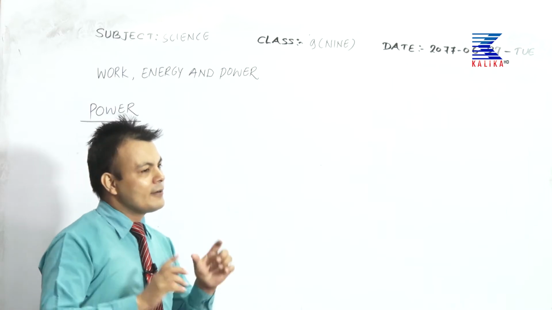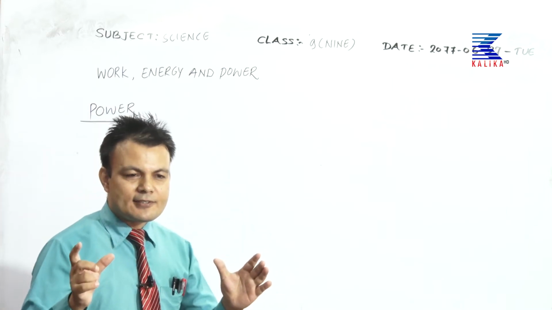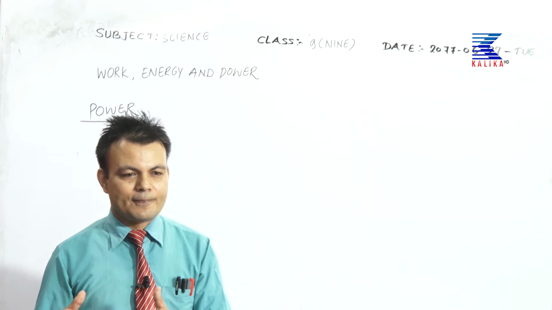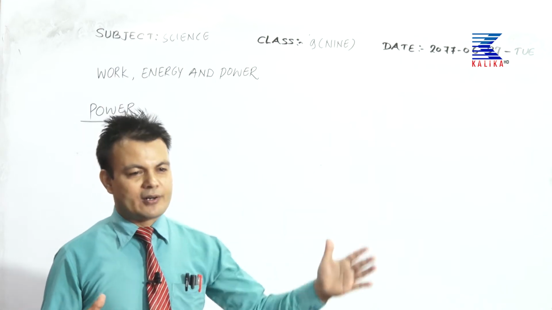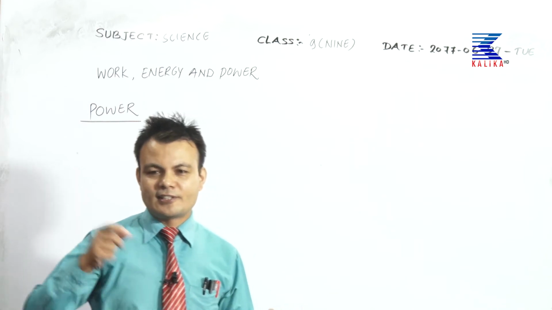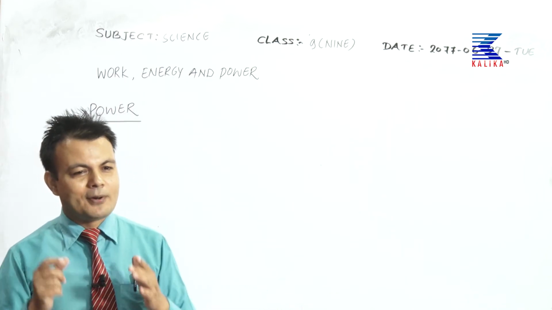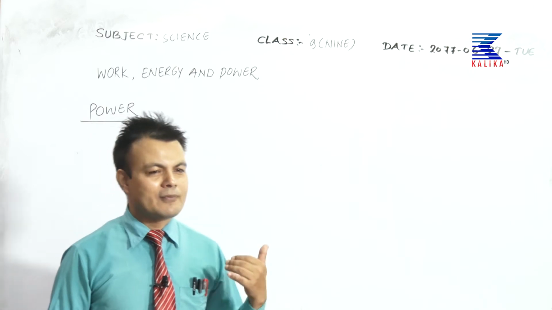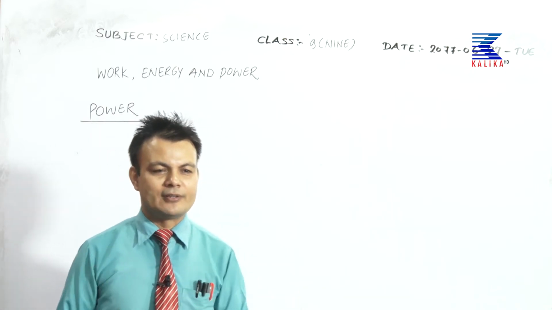But in some cases, especially devices, they actually do not work. For example, the electric bulb does not work, the TV does not work, but it converts one form of energy to another.